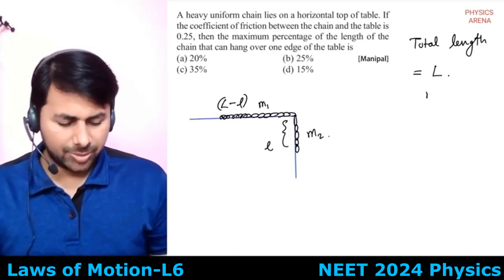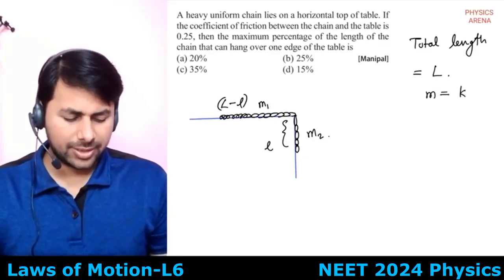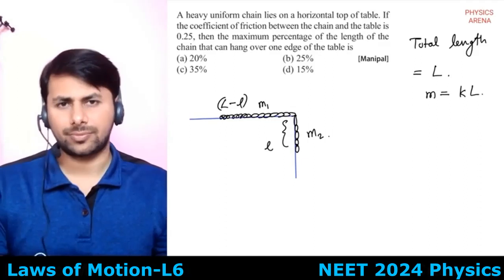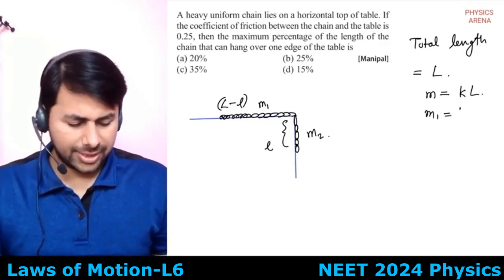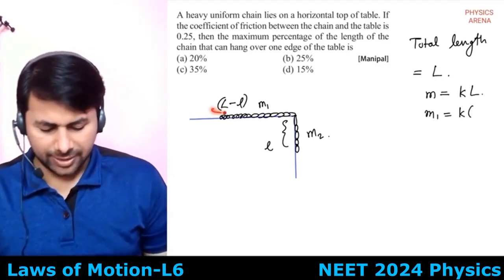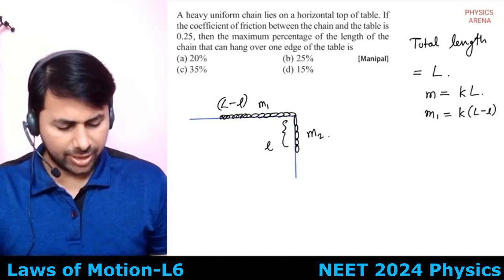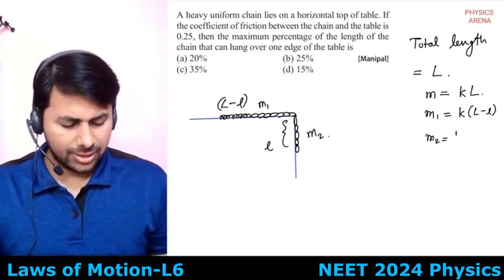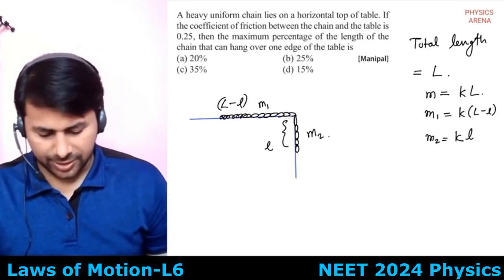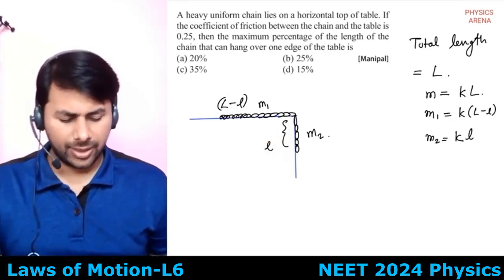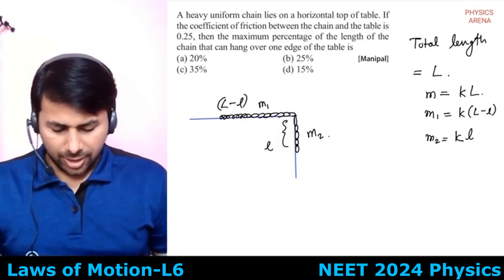The mass is directly proportional to the length, so it is equal to some constant multiplied by length. Therefore m1 will be equal to the same constant multiplied by this length, L minus small l, and m2 will be equal to the same constant multiplied by this length. How much is this length? Small l. Okay, and now it is simple. Now we can solve it very easily.